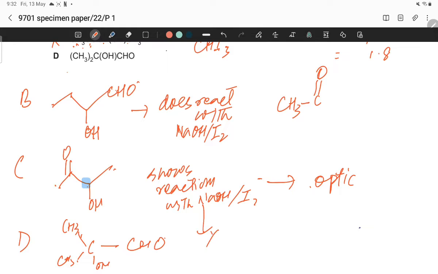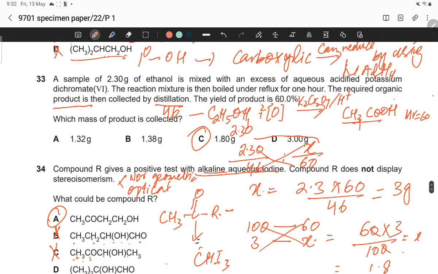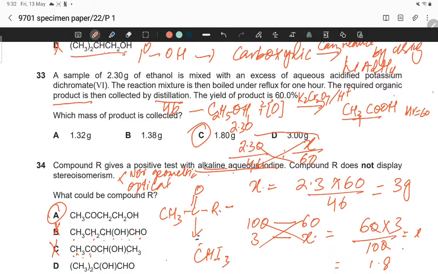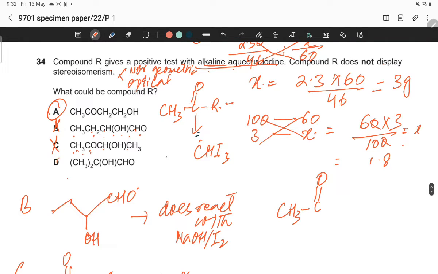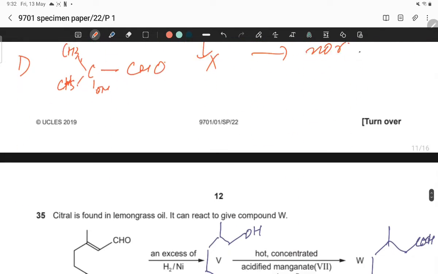This is not showing this reaction. The compound must give a positive test with alkaline aqueous iodine, so this is also incorrect. So A option is correct.